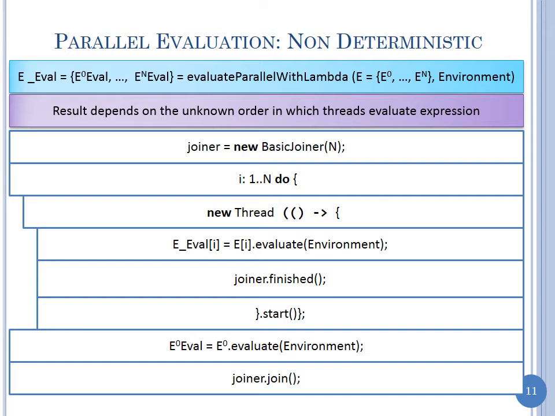But you can imagine that the finished method is going to call notify, and the join method is going to call wait. Any more questions on this? I'm going to give you some details of the joiner object, but not all, so that there's something for you to also work on. But as you mentioned, this should be n and not n minus 1.